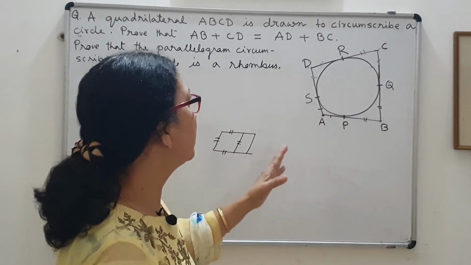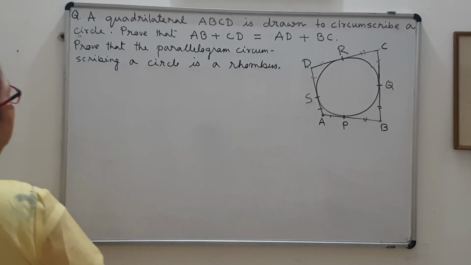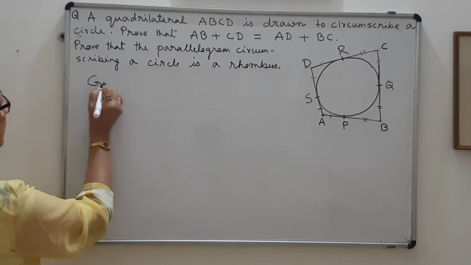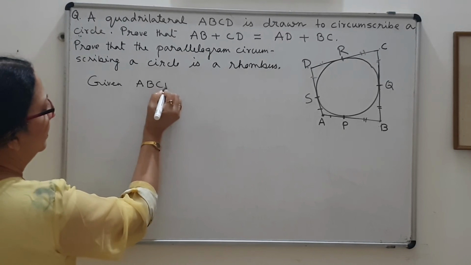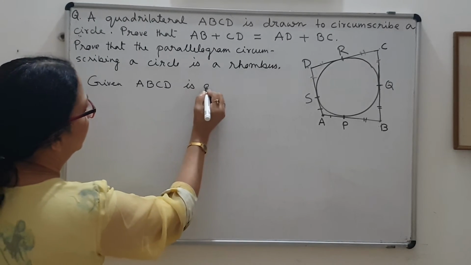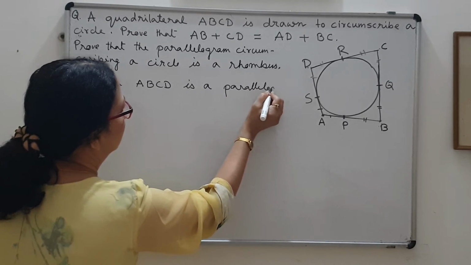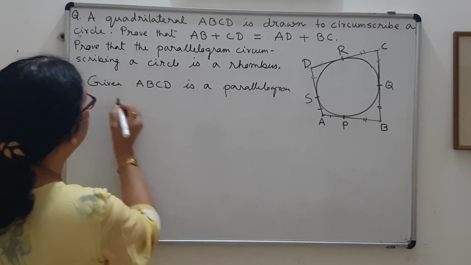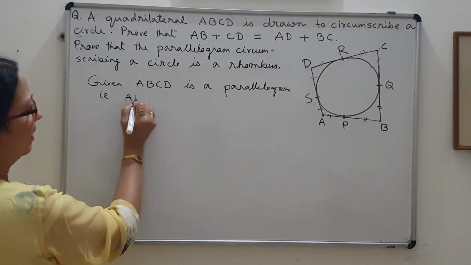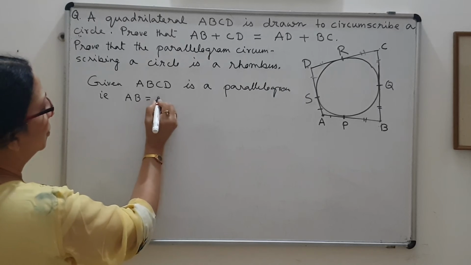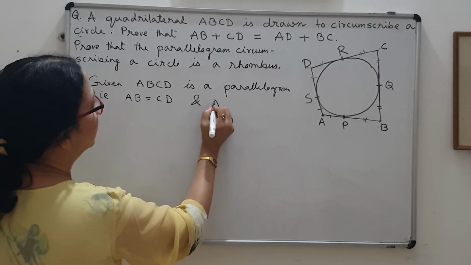So let me write the question in this way now. Given: ABCD is a parallelogram, that is, the opposite sides are equal and parallel. So AB is equal to CD and AD is equal to BC.